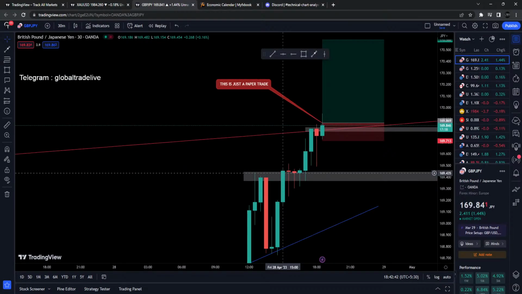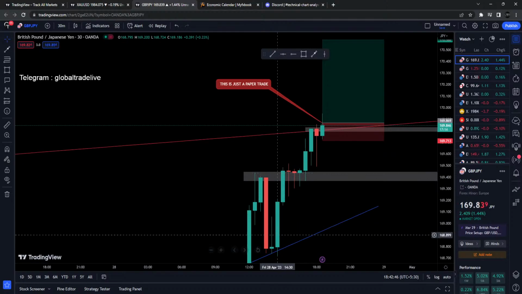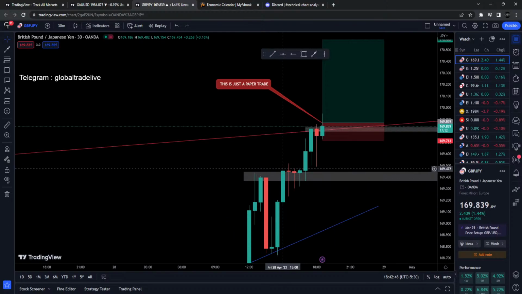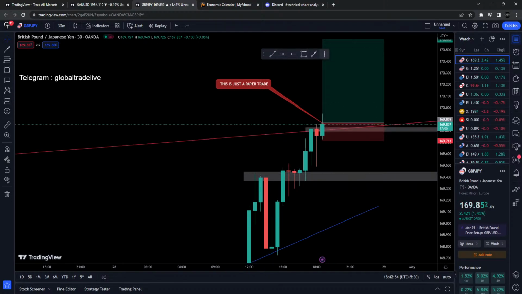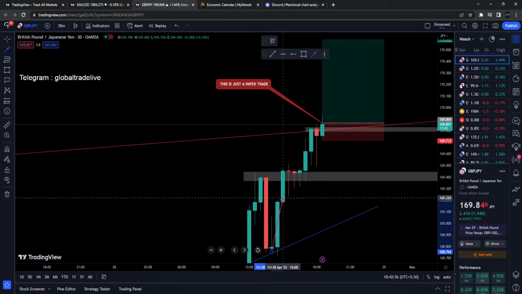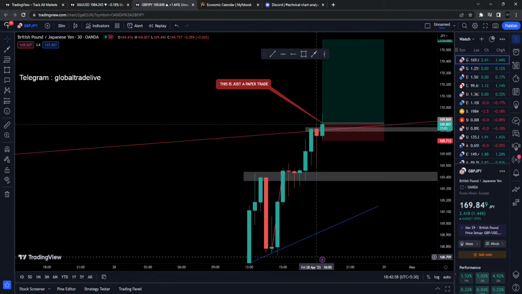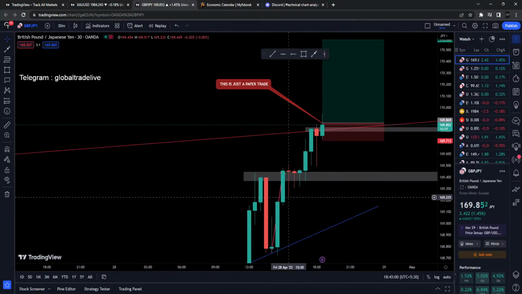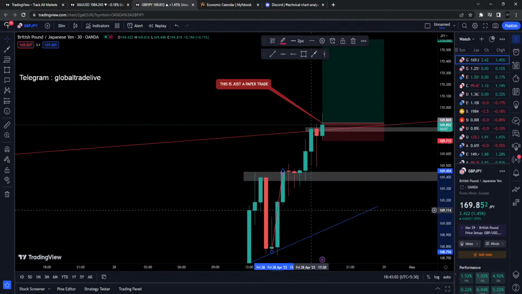But why? What was the reason? Because the thing is, the move has already been done, right? And there was no point of taking a buy entry over here when the move had already been done. If we talk about 30 minutes, then this thing I'm saying, okay?